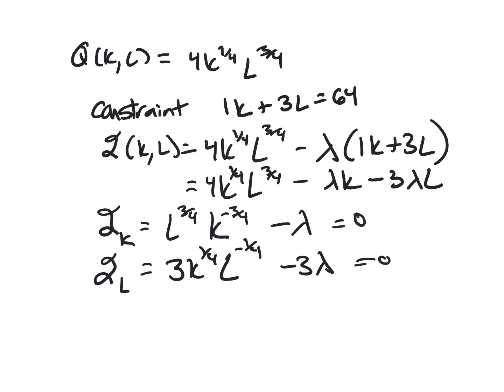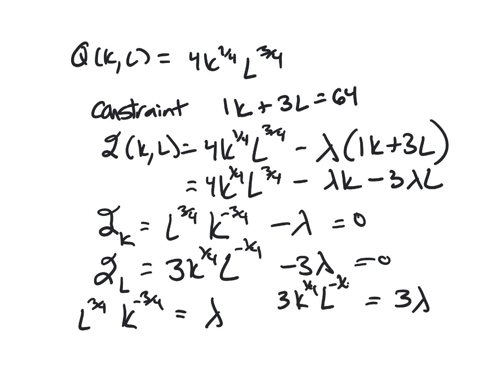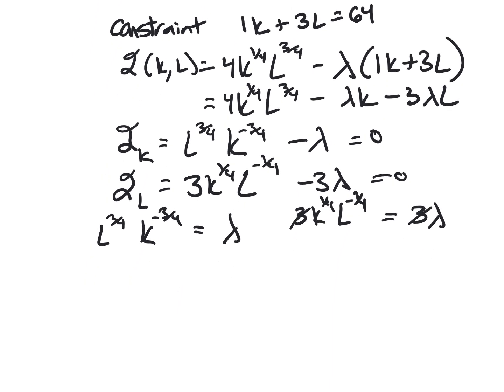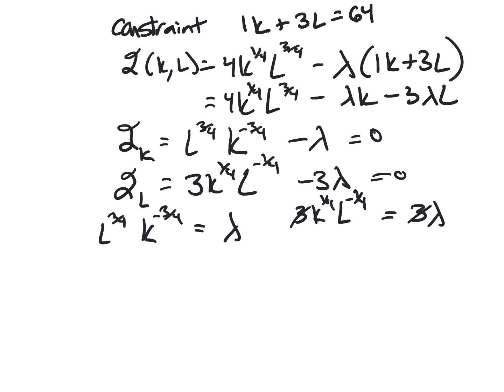So if I look at the top equation and I solve it for lambda, I've got lambda equals, oh, excuse me, K to the negative 3/4. In the second equation, I've got 3 lambda equals 3K to the 1/4, L to the negative 1/4. But the 3's can cancel. All right, so they're both equaling lambda, so let's set them equal to each other.